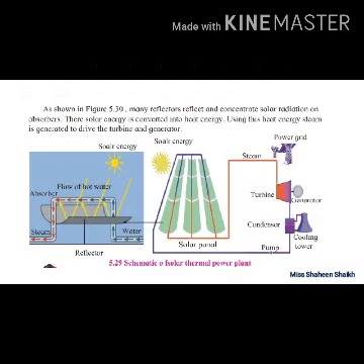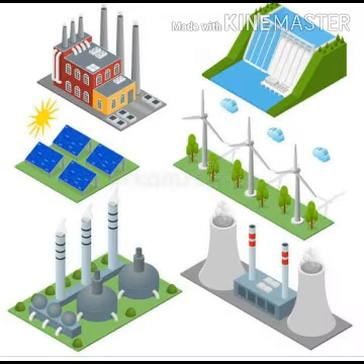Now let's study the solar thermal power plant. We have seen that thermal energy generated from coal and nuclear fuel can be used to generate electricity. Thermal energy can also be generated from solar radiation and used for electricity production.